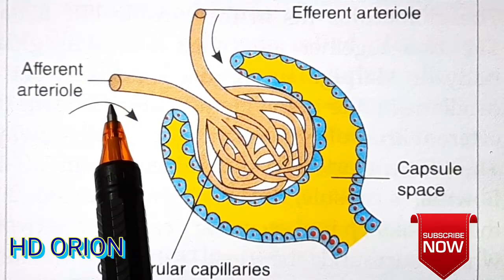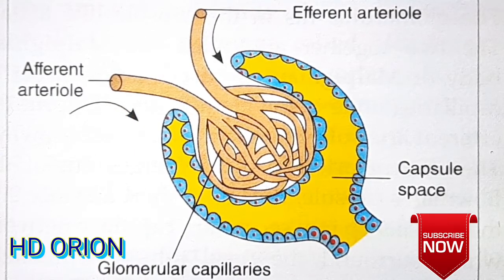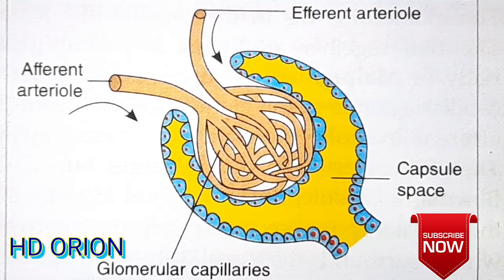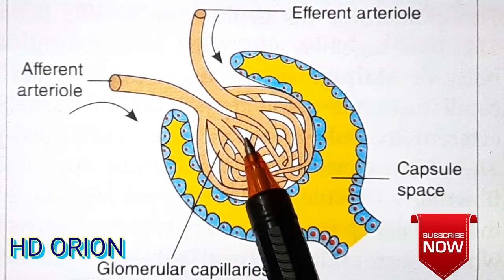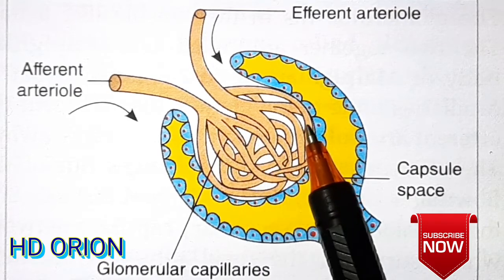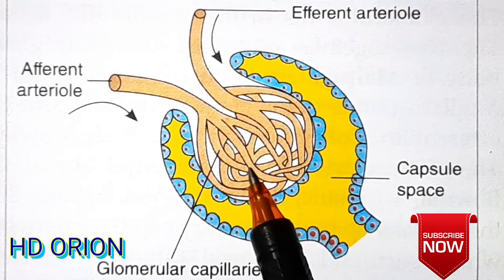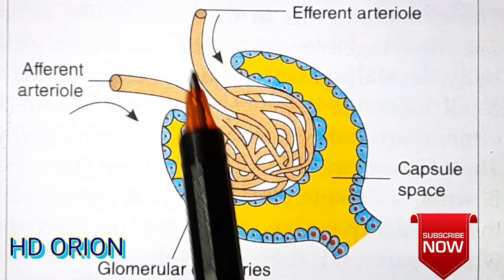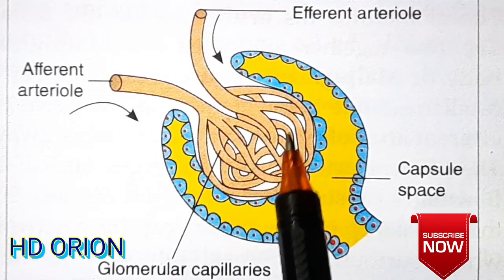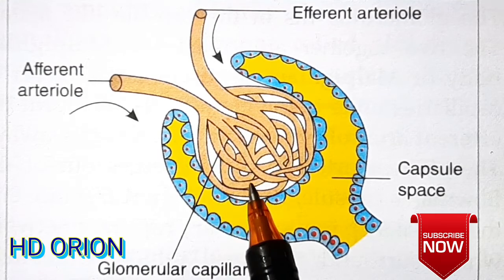Now you know that the artery divides to form arterioles, and arterioles divide to form capillaries, and the capillaries unite to form the venules, which again unite to form the veins. But what we see over here is that the capillaries are again forming the efferent arteriole. There is a significance behind this type of structure. Why?